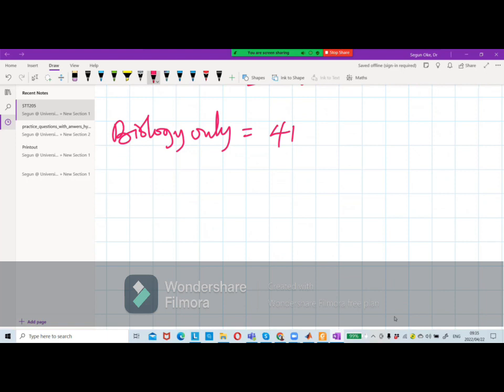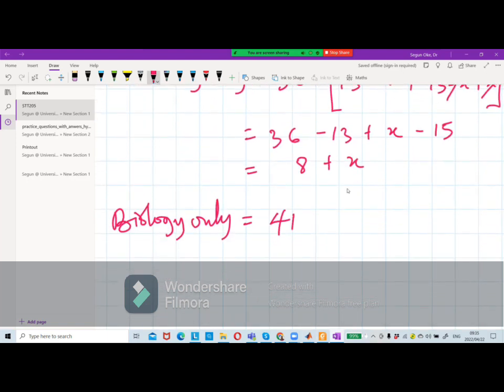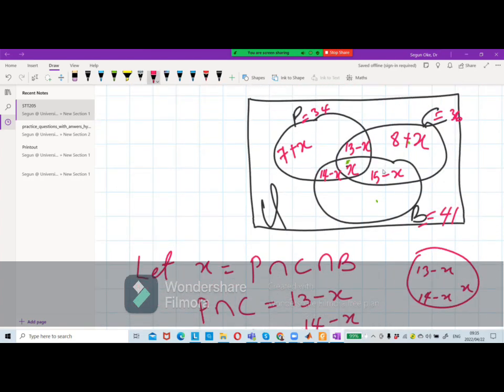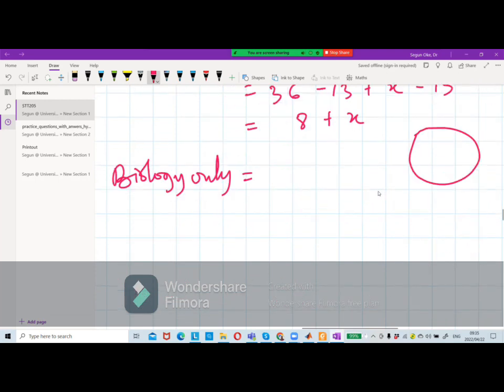Let's draw the circle to help us. In the B circle alone, we have 14 minus x, x, and 15 minus x.